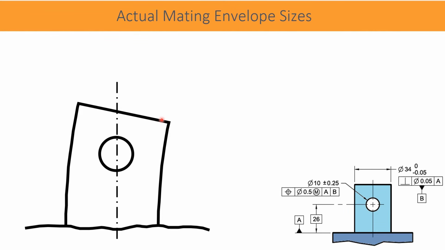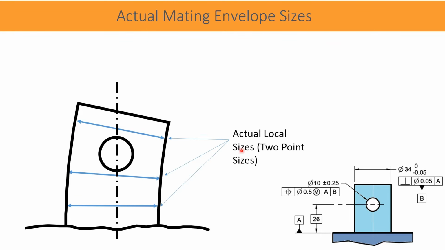Suppose we verify the size of the part against the drawing specifications. Maybe at this height, or here, or at this location, all these sizes are not the same, but not necessarily out of tolerance. All these sizes are called actual local sizes or 2-point sizes.